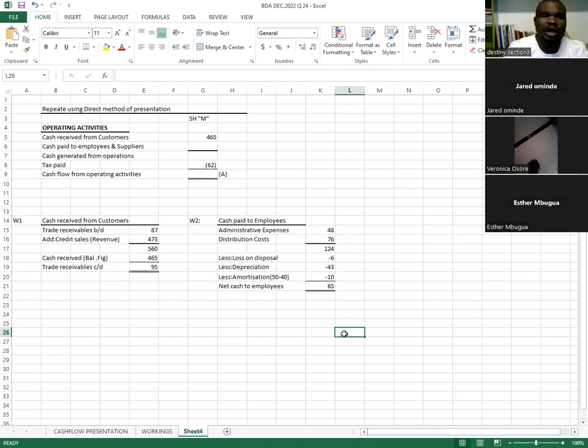Then now, I want us to check cash paid to suppliers. So cash paid to suppliers, still under working two. Suppliers, equals squeezing.